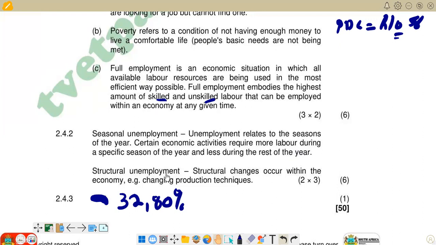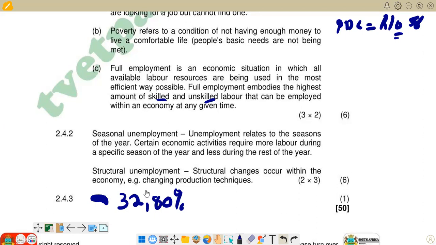And the next one is structural unemployment. Structural unemployment is caused by changes in technology, changes in the machinery and the systems that we use in the production of goods and services. These changes lead to structural unemployment, as the workers cannot match the skills that are required. They don't possess the skills required to operate with the technology being used at that point in time.